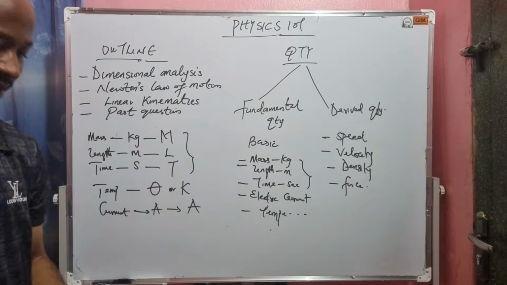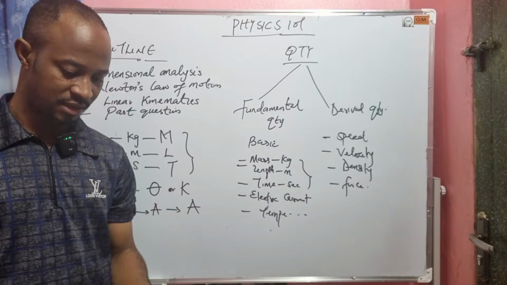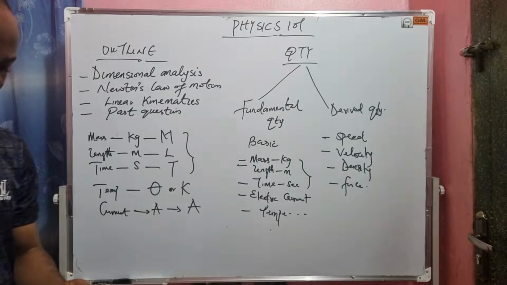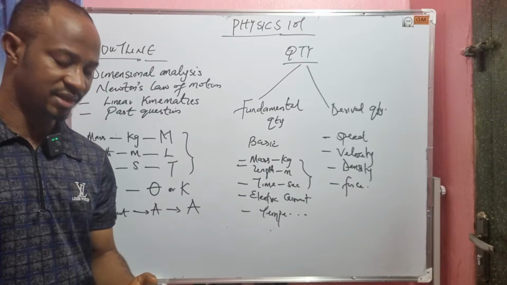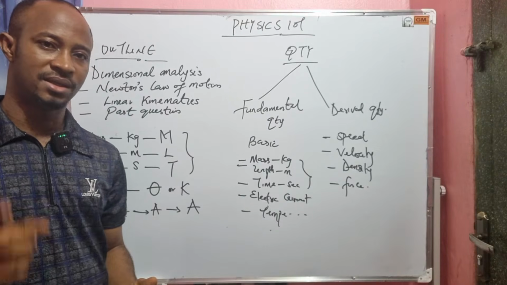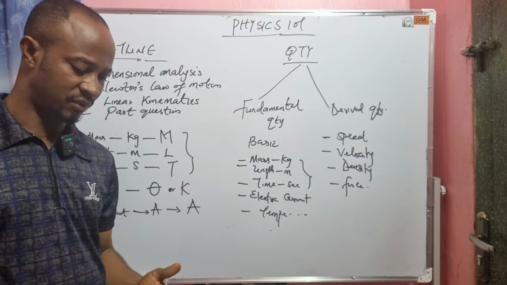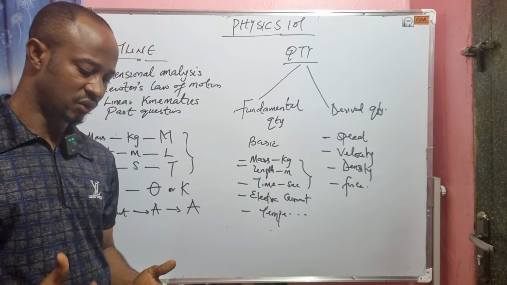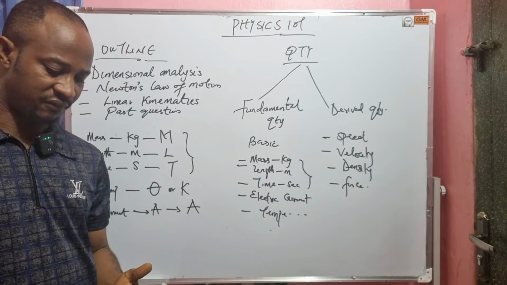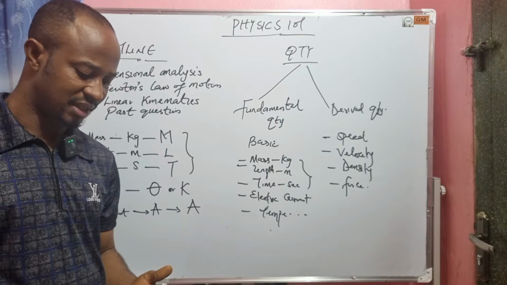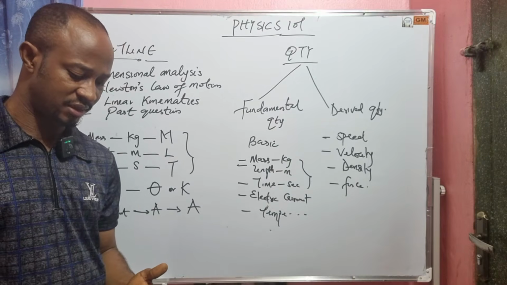Okay, then what is dimensional analysis? Dimensional analysis is a method of using the dimensions of physical quantities to check the correctness of equations or to derive relationships between physical quantities.